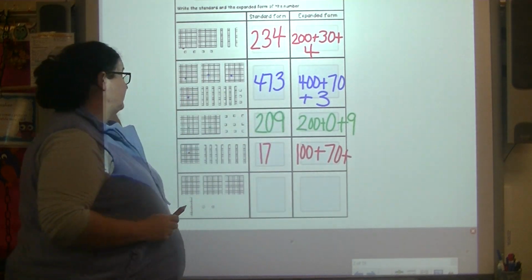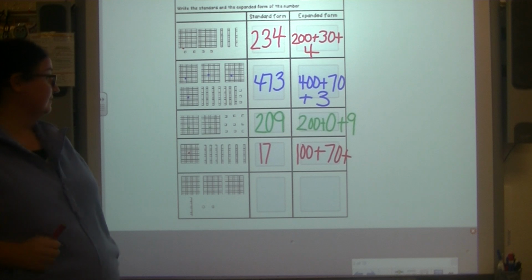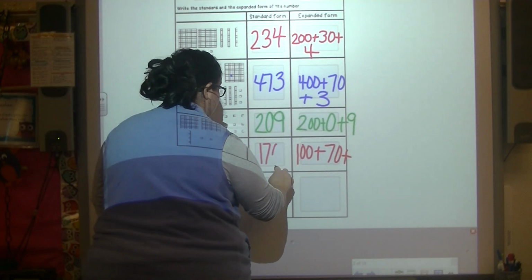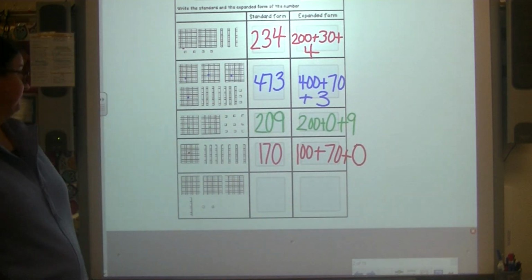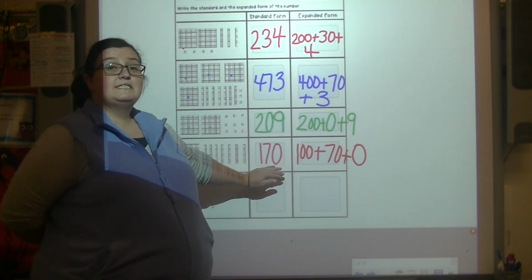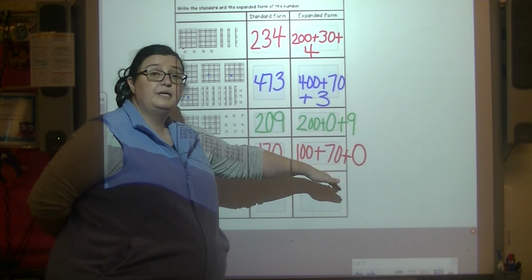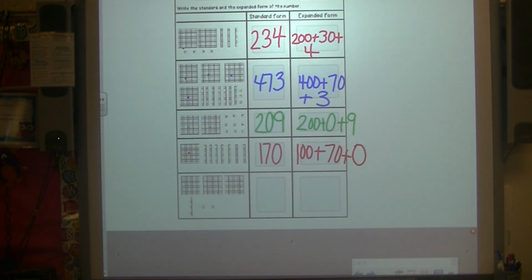Plus how many ones? You don't have any ones. So what do we put? A 0 to hold its place. Plus 0. So our answer is 170. Or 100 plus 70 plus 0 equals 170.